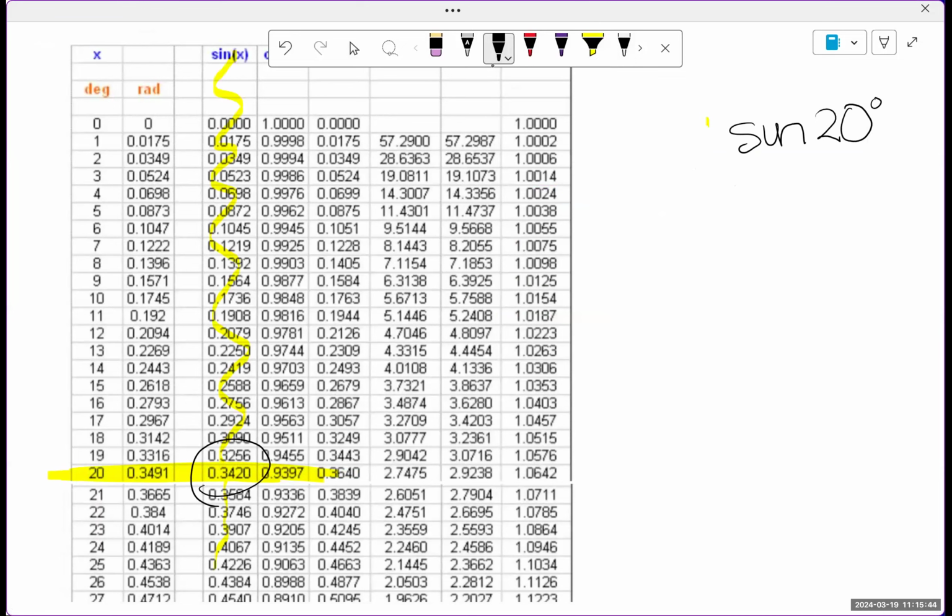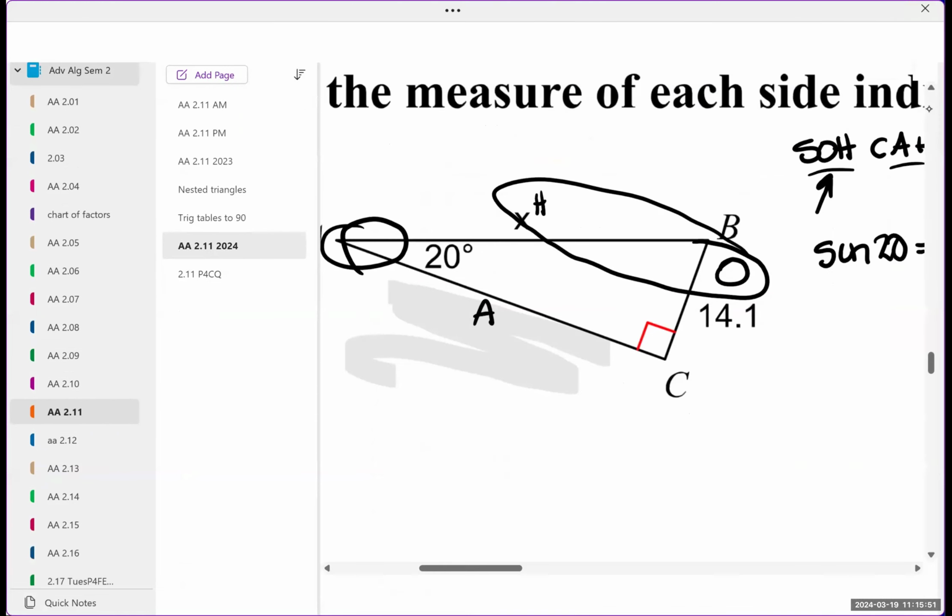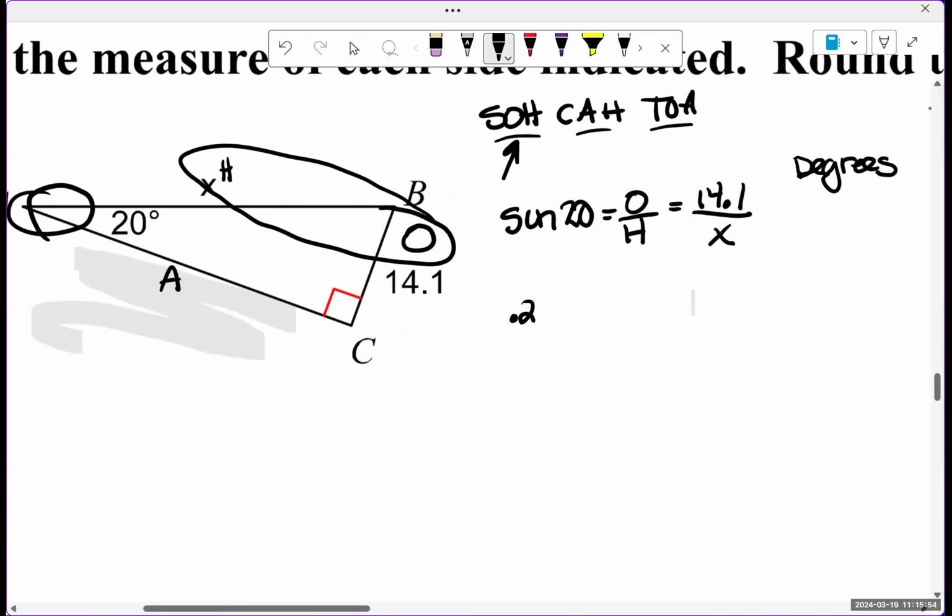Sine of 20 degrees is, I don't know, is it 0.3420? That is equal to 14.1 over x.